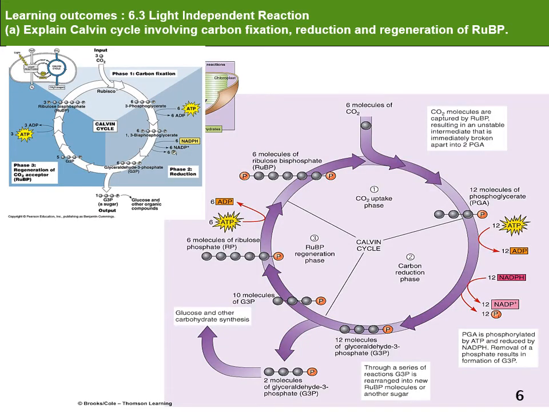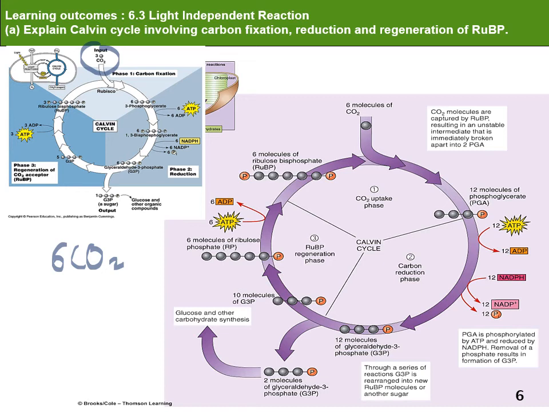Okay, so before I end my explanation, when you look at the equation of photosynthesis, it involves 6 molecules of carbon dioxide. So you must take note, if you refer to the diagram above, the small one involves only 3 carbon dioxide in a cycle.